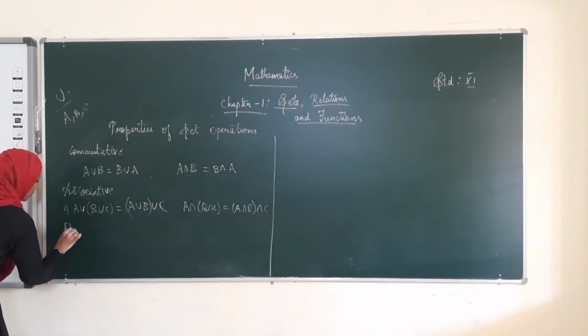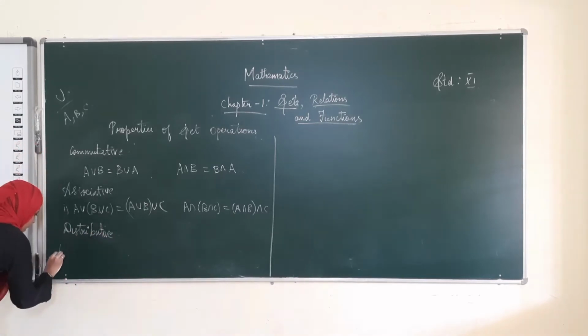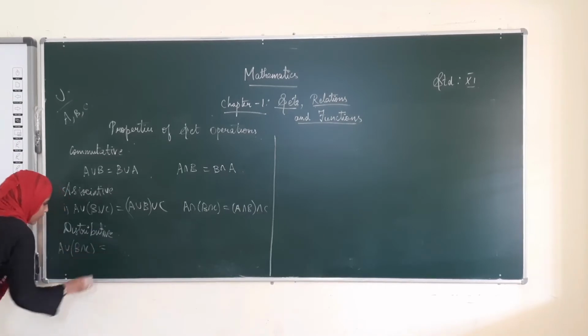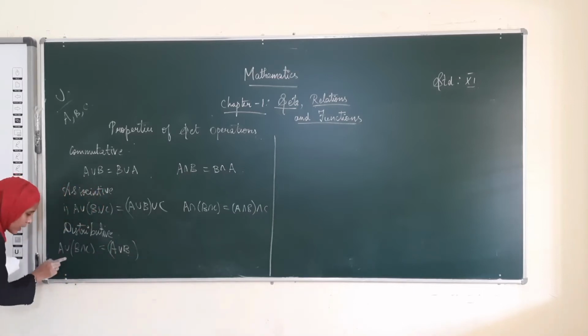Next is distributive law. See here, A union (B intersection C) will be equal to (A union B) intersection (A union C). We have to distribute this A with these two elements.